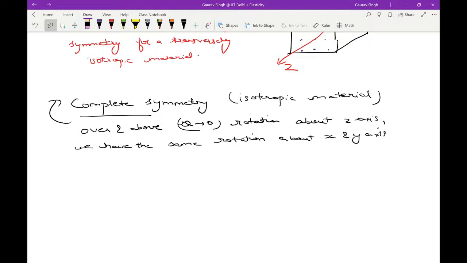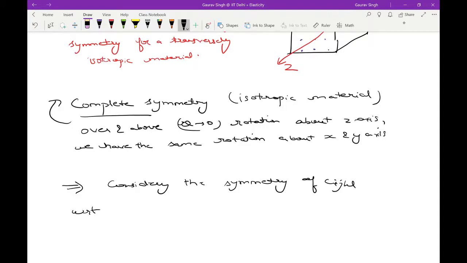Just like the symmetry about the planes, you remember we considered symmetry about one plane and symmetry about the second orthogonal plane, and then the third plane didn't contribute anything new. Similarly, you can do this by considering the symmetry of Cijkl with respect to two orthogonal axes.